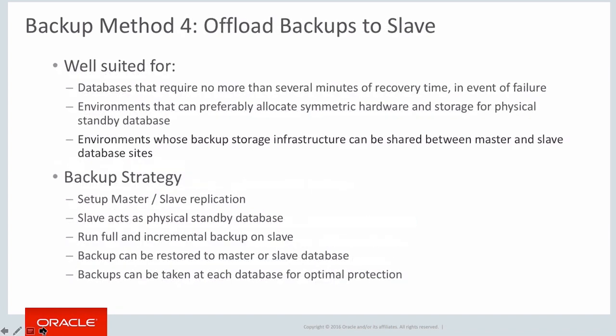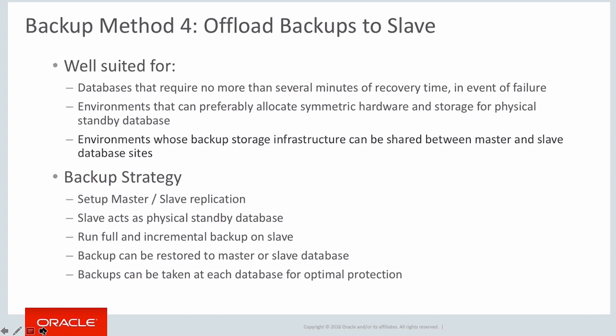Another very common backup method is offloading backups to slaves. This is fantastic when your recovery time, how quickly you want to get back to running, is very important. But the downside is you need additional hardware.